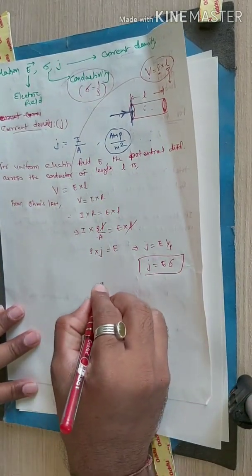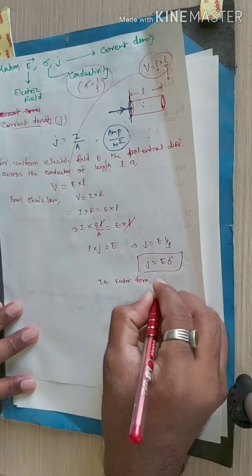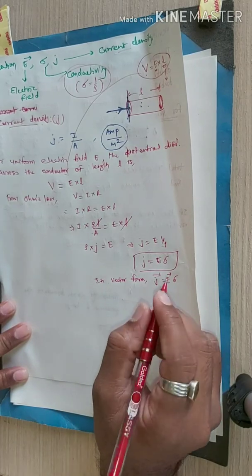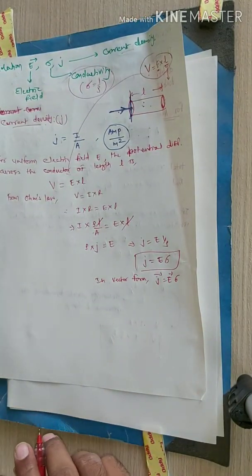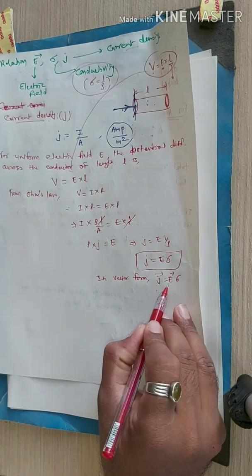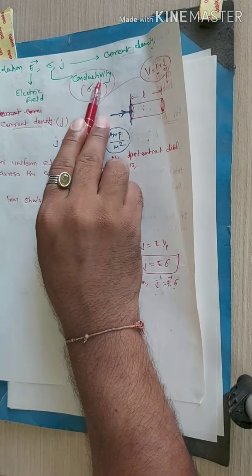So J is equal to E into epsilon. This is the relation between current density, and in vector form, J is equal to epsilon E. That will be the relation between electric field, current density, and conductivity of the material.